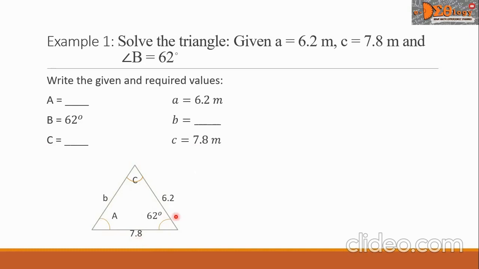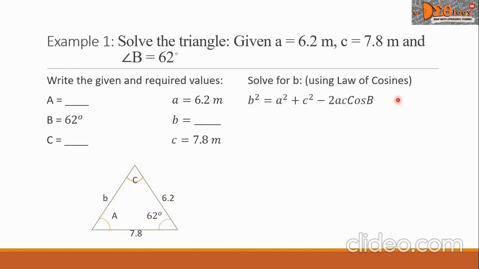We can see here two sides are given and the included angle. So we will solve for side B using the law of cosines. The formula: B squared equals A squared plus C squared minus 2AC cosine B.